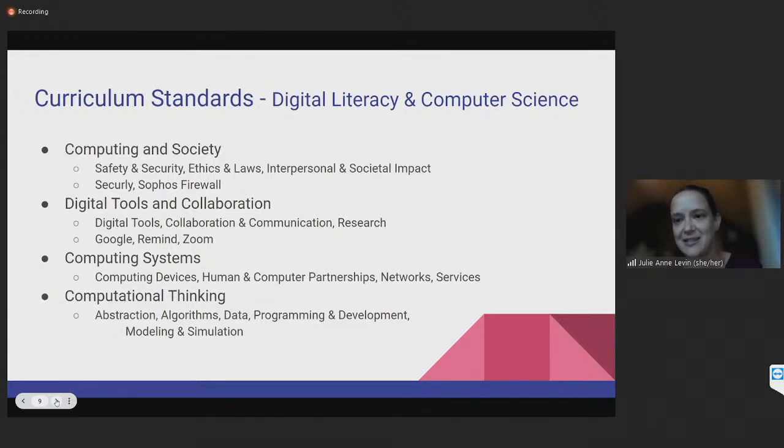We want design thinkers. We want students who can see a problem and then model a solution, or model several solutions, and then put together a simulation that will test those solutions until they find an answer.